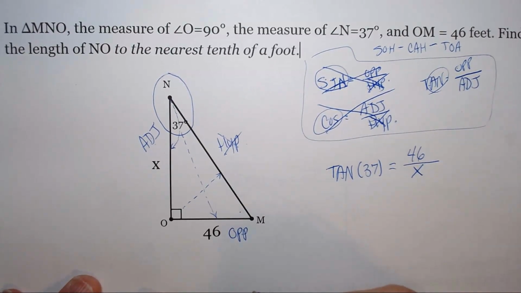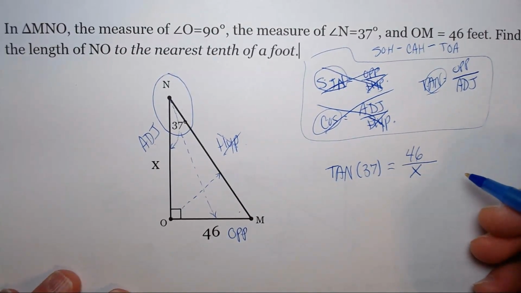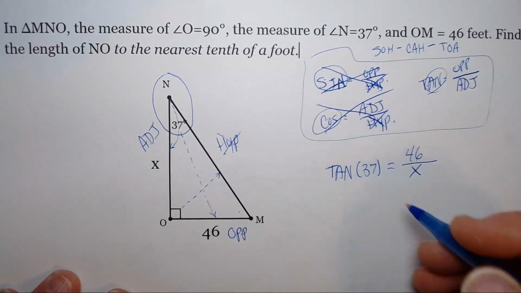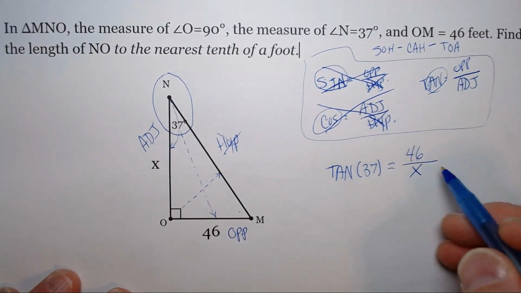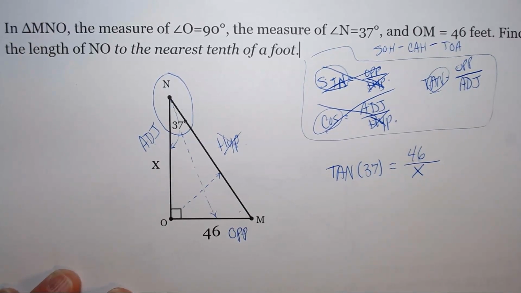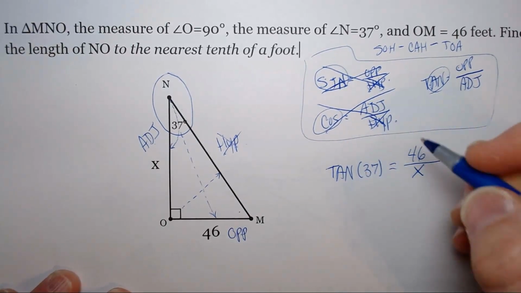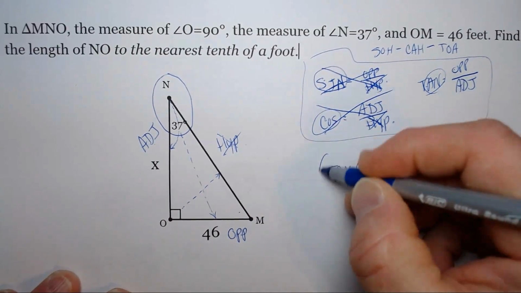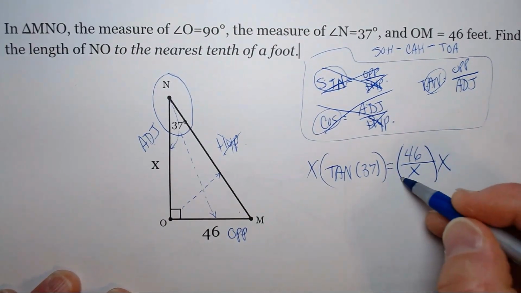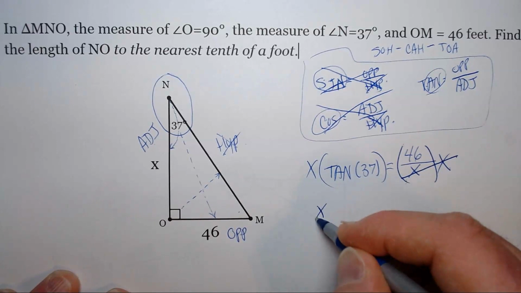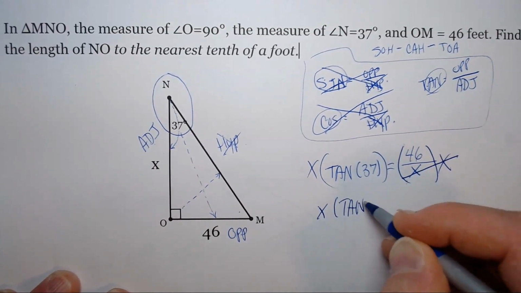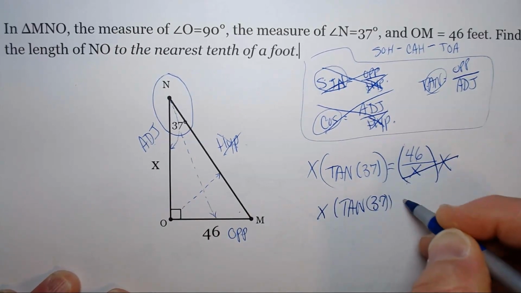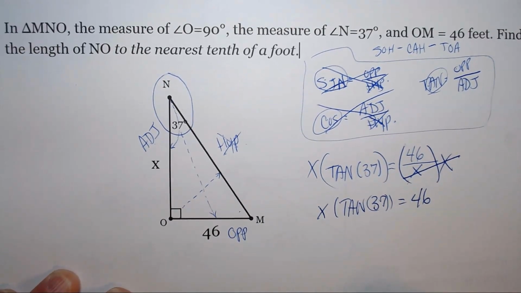Now, there's a rule of thumb here when you're solving for a side. I'll show you the algebraic way first, then I'll tell you the shortcut. The algebraic way to solve this is we multiply both sides by the denominator, right? And that's going to get rid of this guy. And we're going to have x times tan of 37 equals 46.